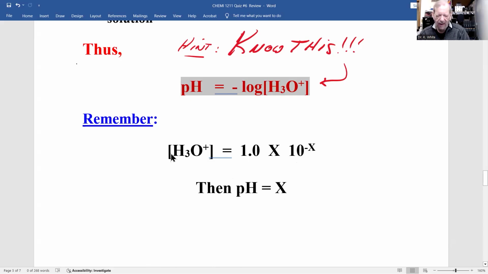Again, my gift to you, if the hydronium ion concentration is 1.0 times 10 to the minus x, then the pH is x.